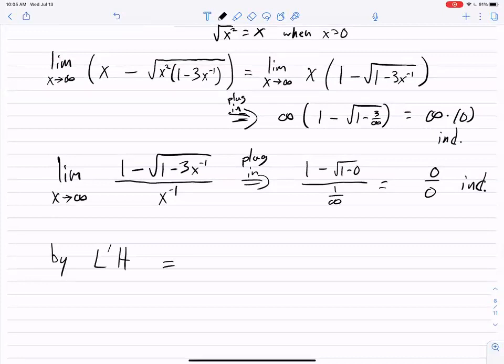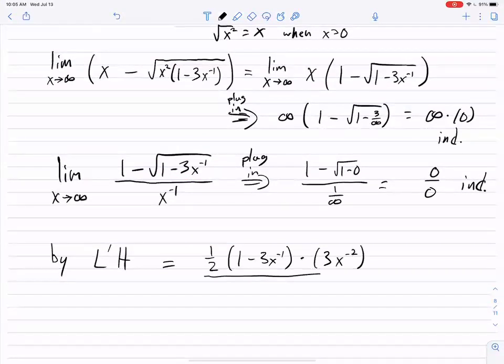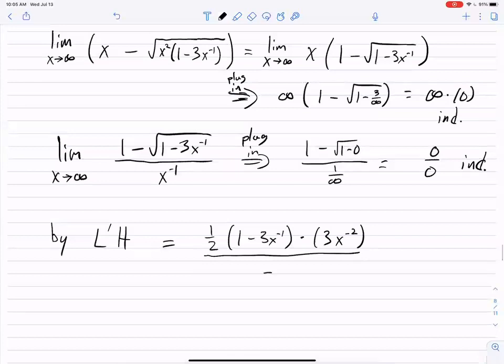This is going to be equal to the derivative of this guy is 1/2, and then the thing on the inside, 1 minus 3x to the negative 1, times the derivative of the inside, which is going to be positive 3x to the negative 2. And then the derivative on the bottom is negative x to the minus 2. The limit as x goes to infinity. The nice thing here is that that will cancel with that.